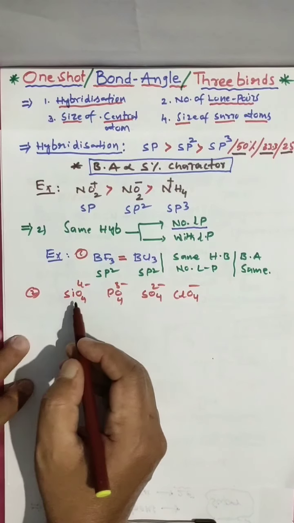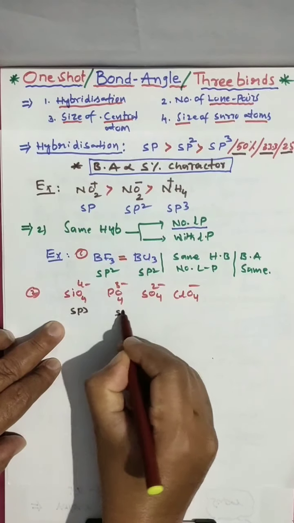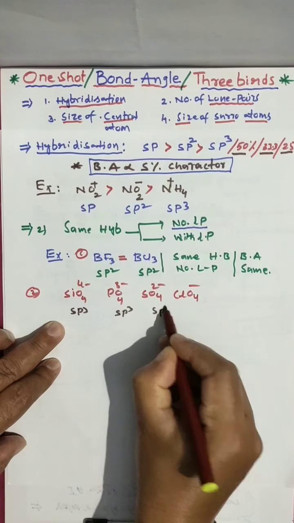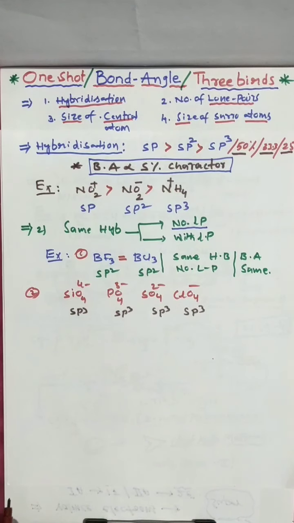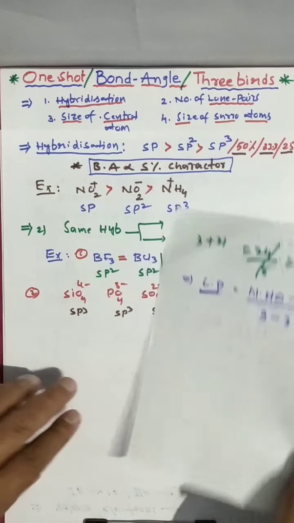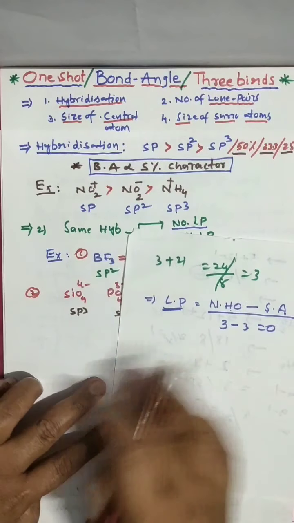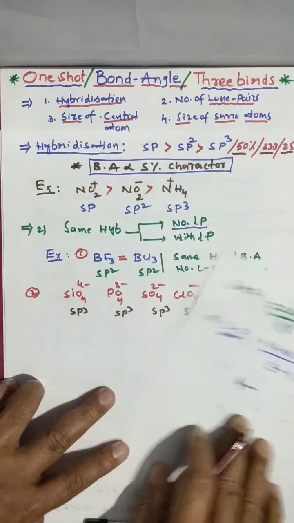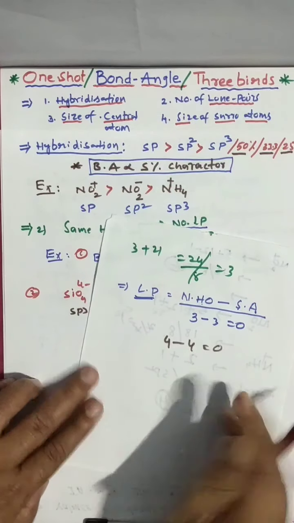You know already how to calculate hybridization. So this is sp3, this is sp3, this is sp3, this is sp3. Hybridization is same. Now calculate lone pair. Number of hybrid orbitals: sp3 means 4, minus surrounded atoms 4. 4 minus 4 is 0.